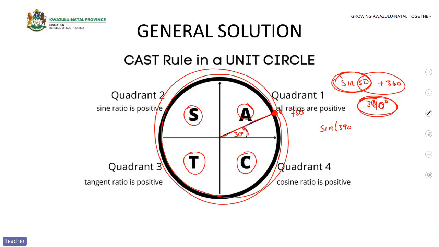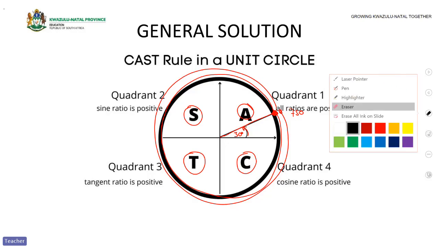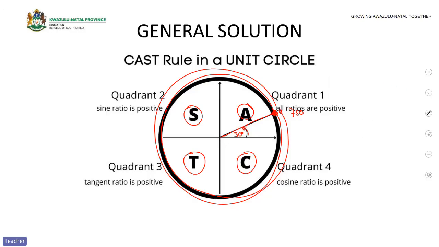What is important here is to remember that in each and every quadrant we have what we call reduction formulas, which my colleague Mr. Ntuli indicated to us are different in each quadrant.